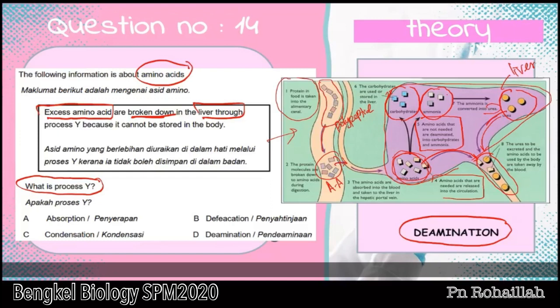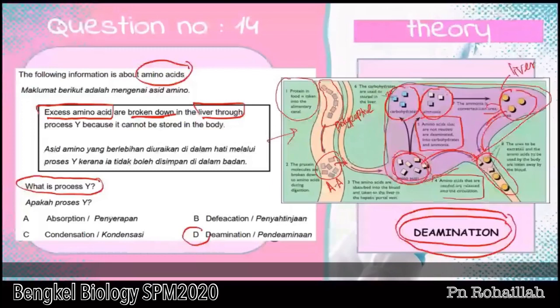So this is the way to remove the excess amino acids. But you look there, the amino acid at the end is converted into carbohydrate too, so it can still give energy. Understand? So all this process is known as the deamination process. So what is the process X? It is the deamination process.